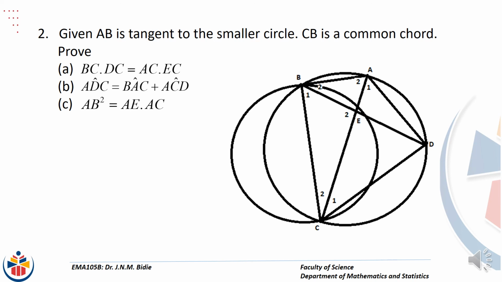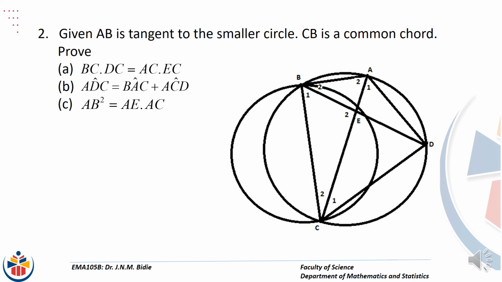And I believe also that BA is a chord in the bigger circle, and therefore C2 and angle ADB are equal. Also in the bigger circle, CD is a chord, so that means A1 and B1 are equal. And also B2 and A1 are equal, subtended by the same chord, which is AB.